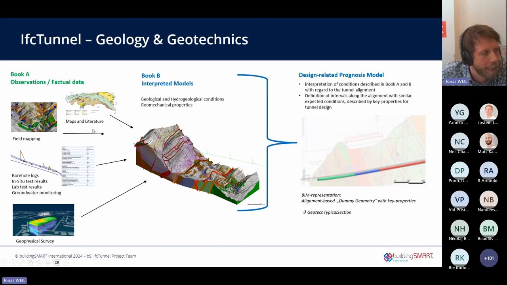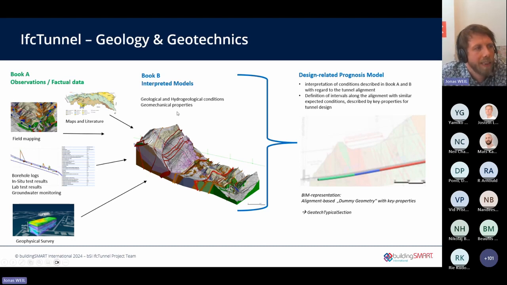Existing literature can even be imported or linked. Monitoring data are an important source, and they all should be represented somehow in the or should be supported by the IFC schema to show what the database actually is before you do the interpretation.